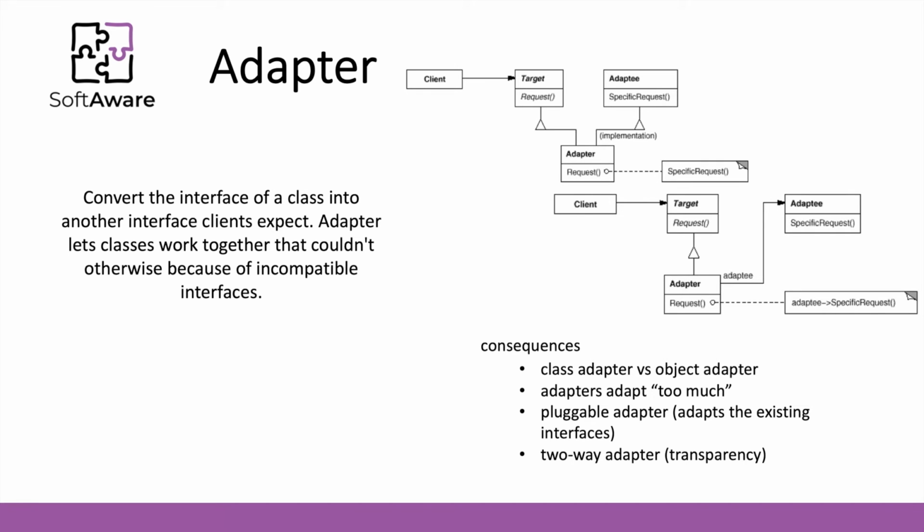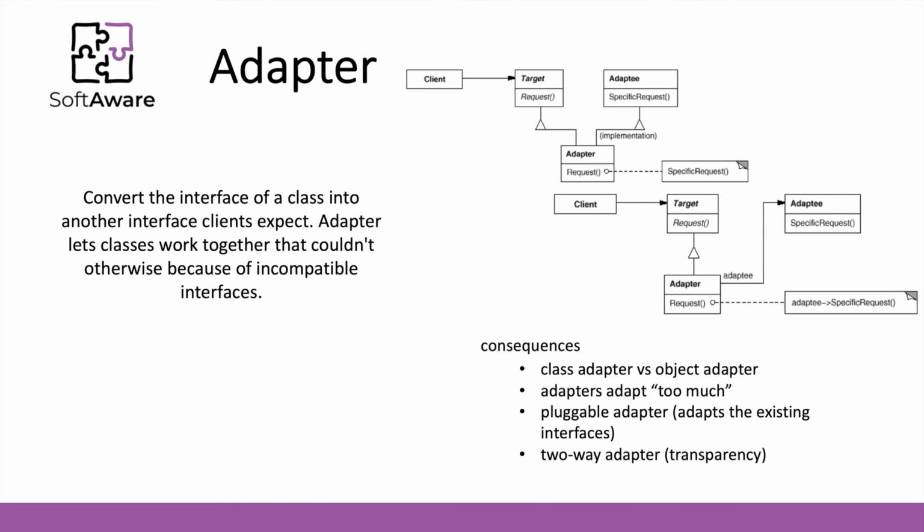It lets the adapter override some of the adaptee's specific behavior and introduces only one object, and no additional pointer is needed to get to the adaptee. So the adapter inherits both from the target and the adaptee.